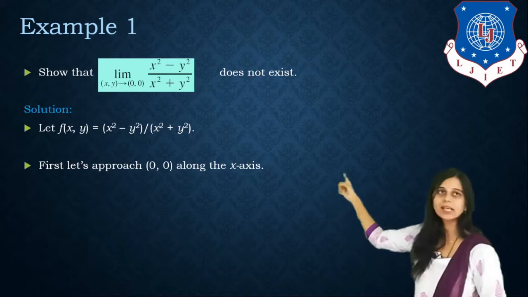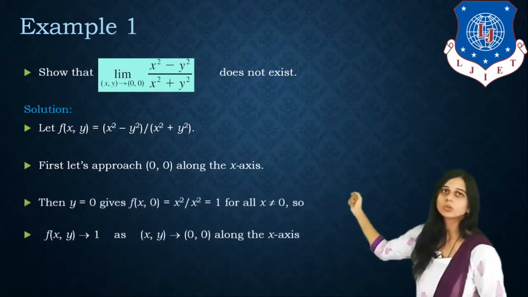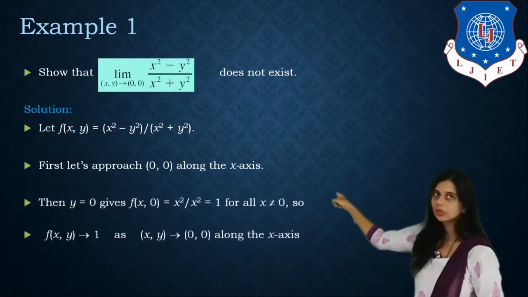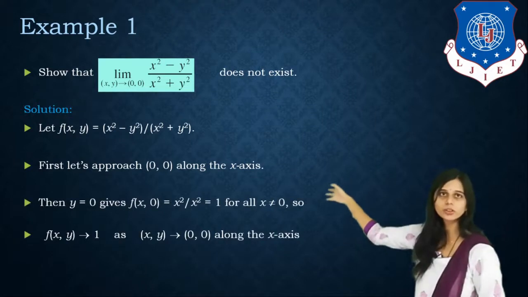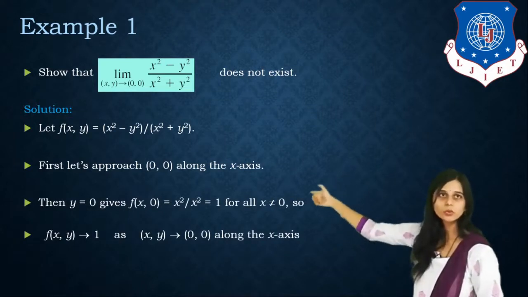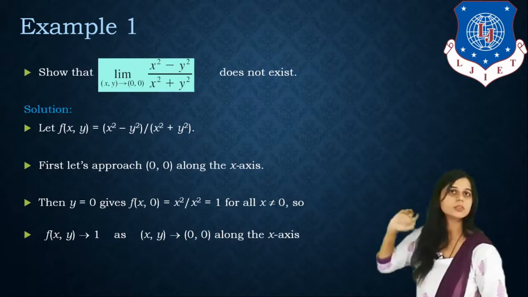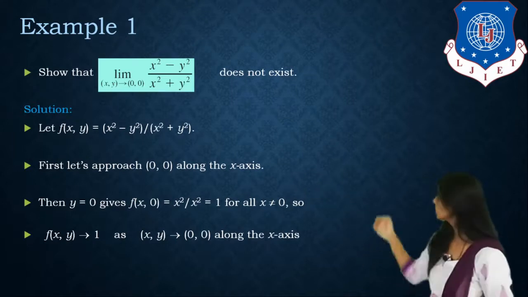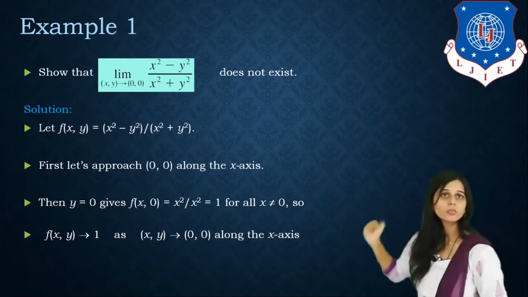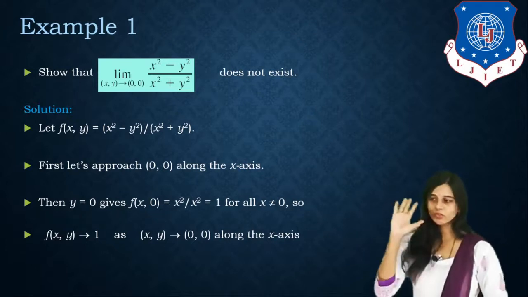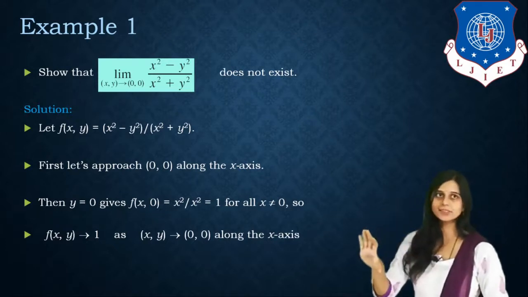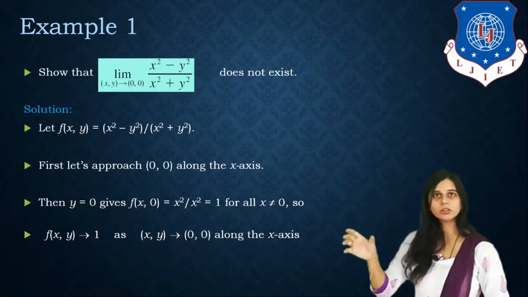First path is the x-axis. On the x-axis y equals 0, so we get the function x square by x square equal to 1 for x not equal to 0. So the limit of this function is 1 along the x-axis. This is the first path, the x-axis, and we are getting the limit 1.